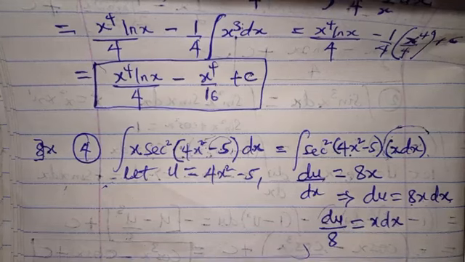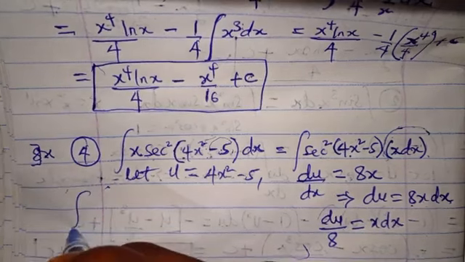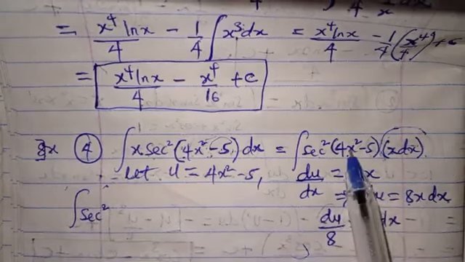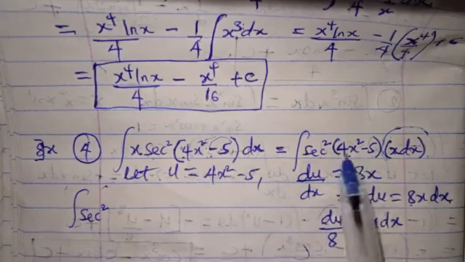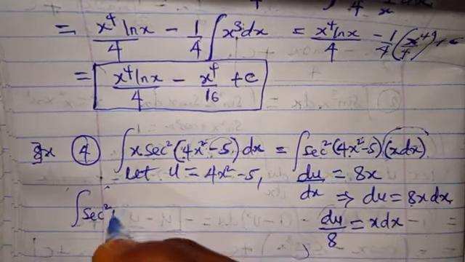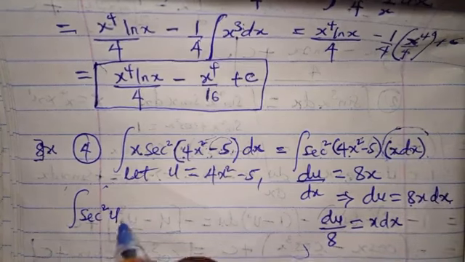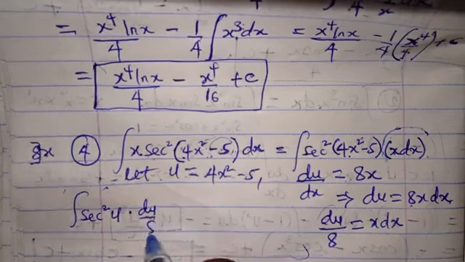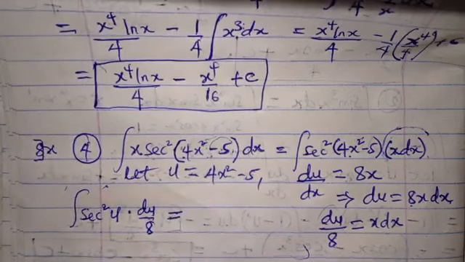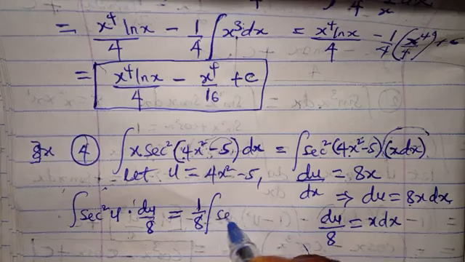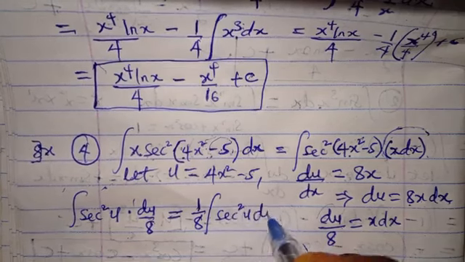This integral is now the integral of sec squared. Everything here is u, right? We said let u be equal to 4x squared minus 5, so I'm writing u there. Then this x dx is now du over 8, which is the same as saying 1 over 8 into the integral of sec squared u du.